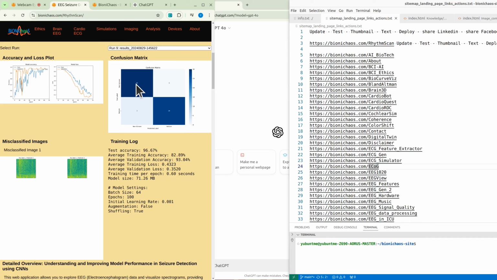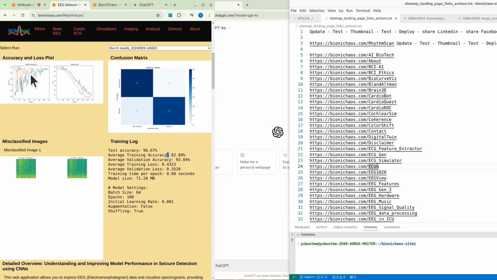Wait, confusion matrix, that's why it's called confusion matrix, isn't it? To get you confused, but no, I'm just joking. So all the non-seizures were labeled as non-seizures, and some of the seizures were labeled as non-seizures. So those would be false negatives. So eventually, test accuracy of 96%, average training accuracy.